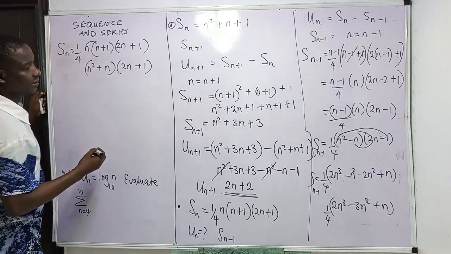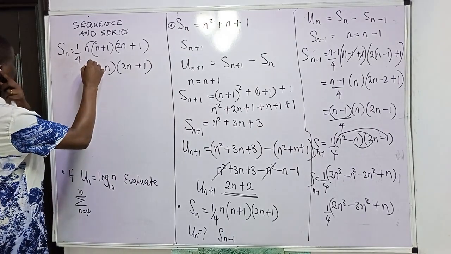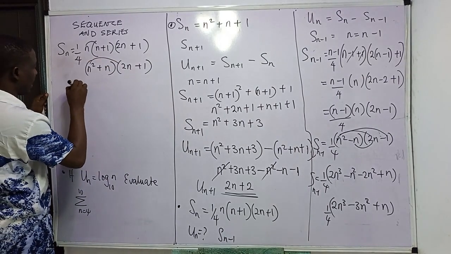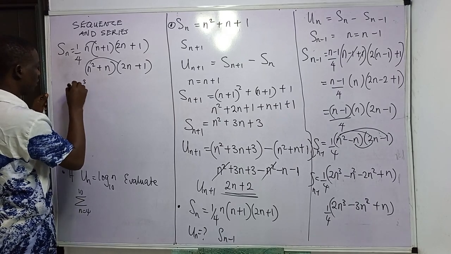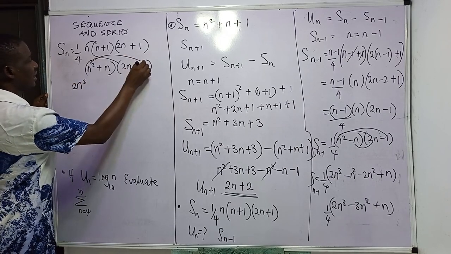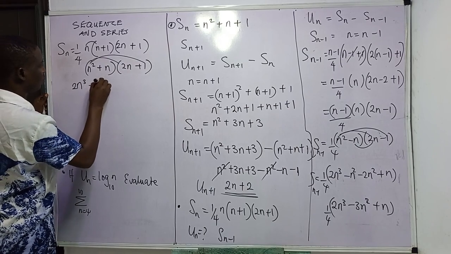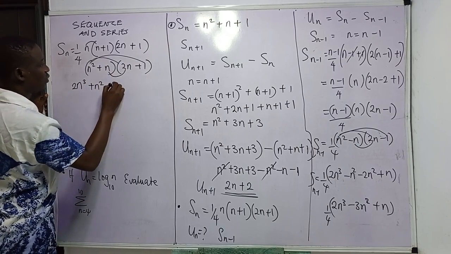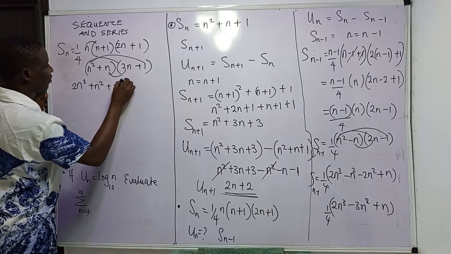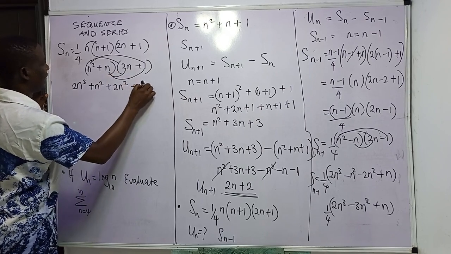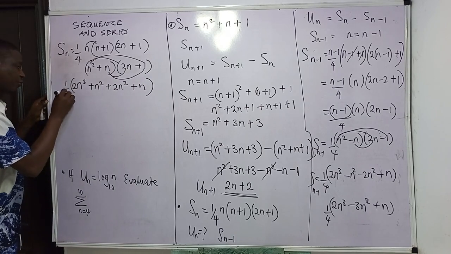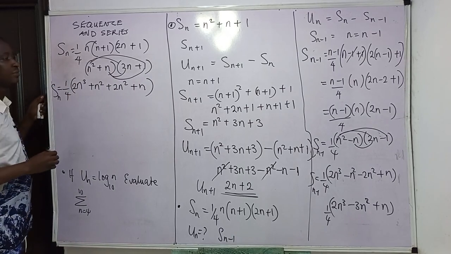Let's break it down. That gives us 2n cubed plus n squared plus 2n squared plus n, all times 1 over 4, is S n.